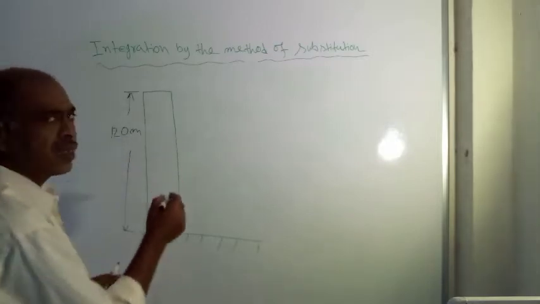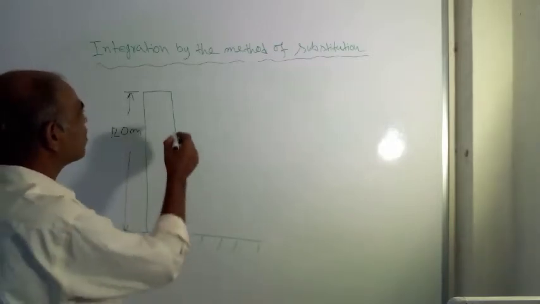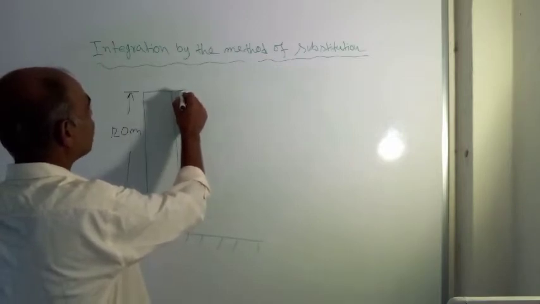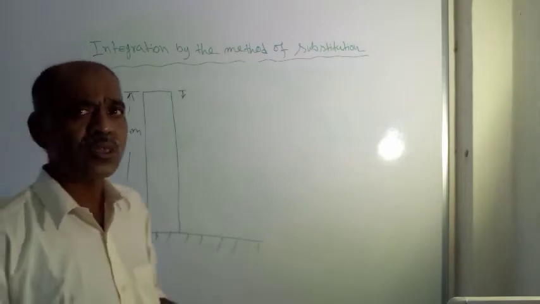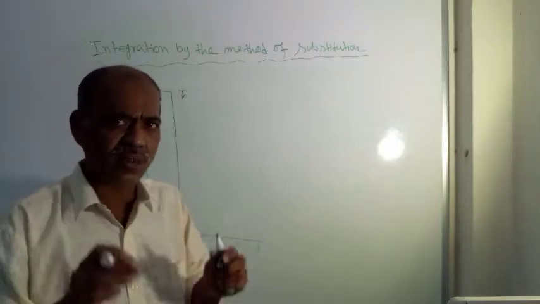So, in the given problem, it is mentioned that from the top of the tower, one stone is just left, means without any initial velocity, means zero initial velocity.